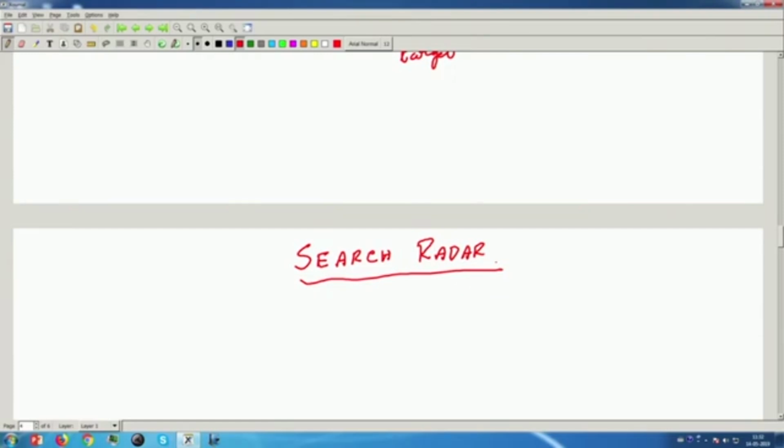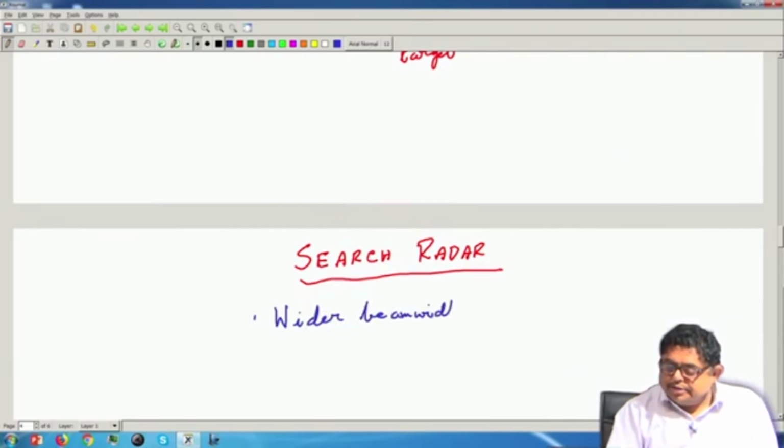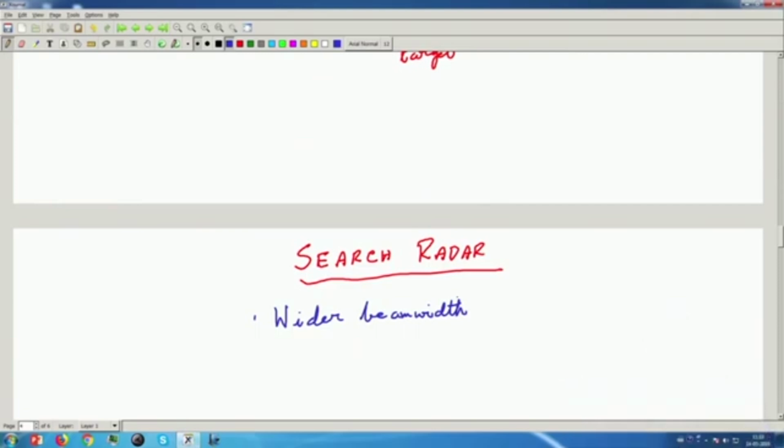So, for searching you need a beam having considerably wider beam width. So, the first point I will say is a comparatively wider beam width, so that it can search very fast and approximately find the position.